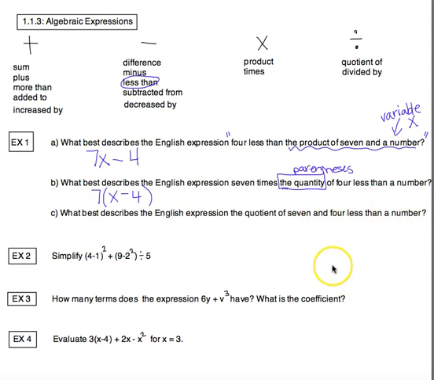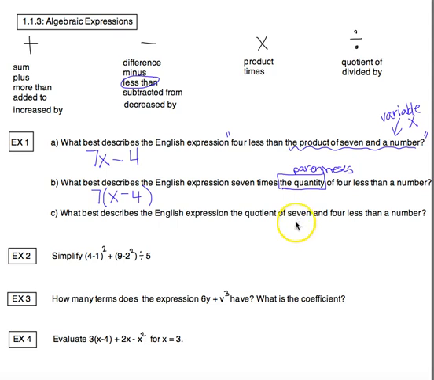So remember that I said with division and with subtraction, order matters. So whenever you see the quotient of or the difference of, the order that you put them in is important. Whichever thing comes first, that goes first.